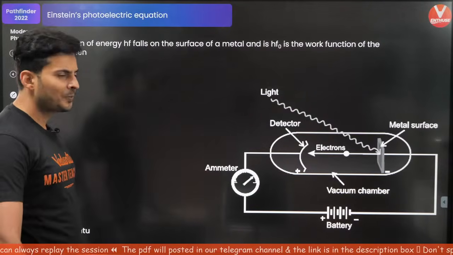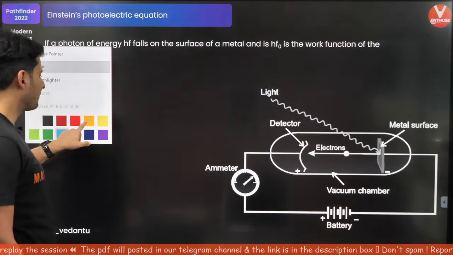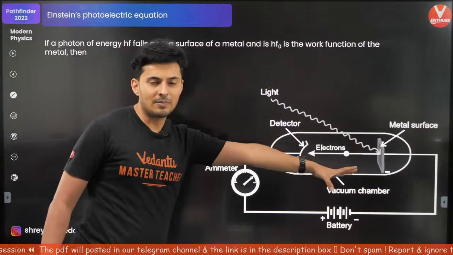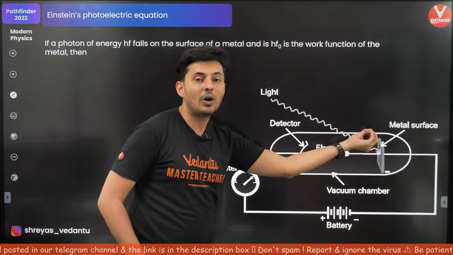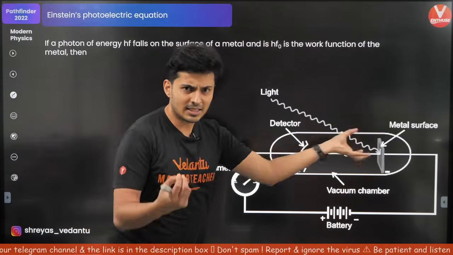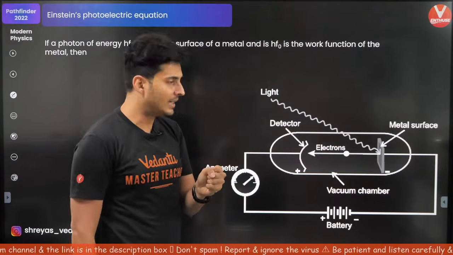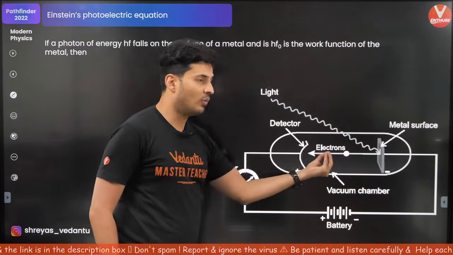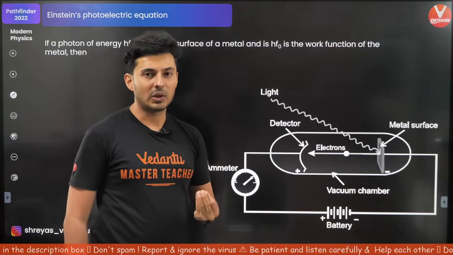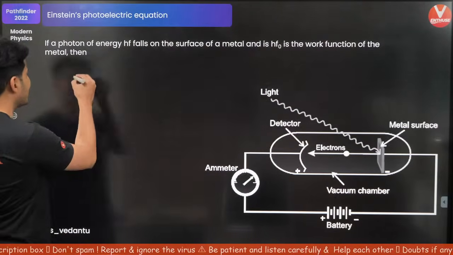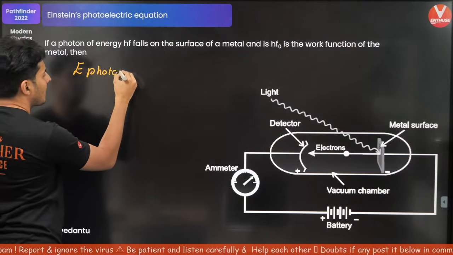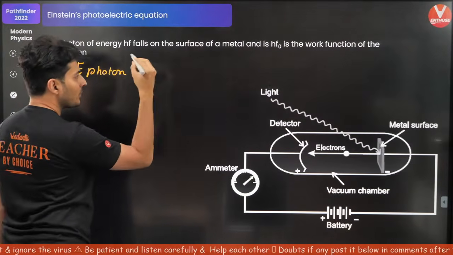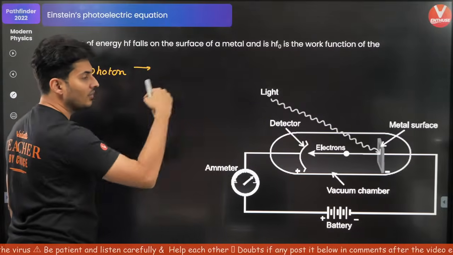You will understand it. Very simply put, if light had some amount of energy, out of that energy, some energy got used up in just taking that electron outside the atom, and the remaining was there in that electron. So can I say that the energy which was there with a photon goes into removing that electron out of that atom?